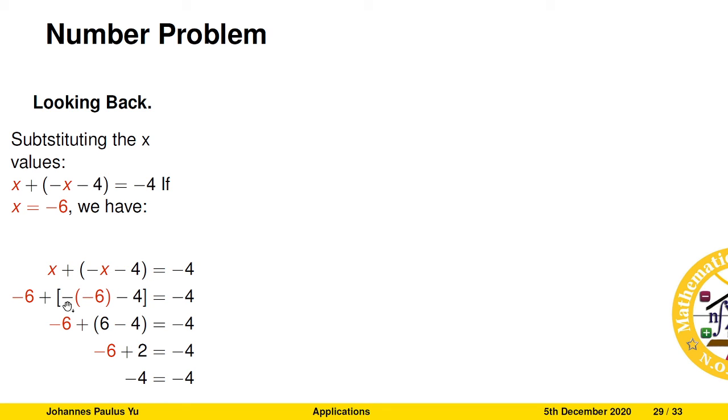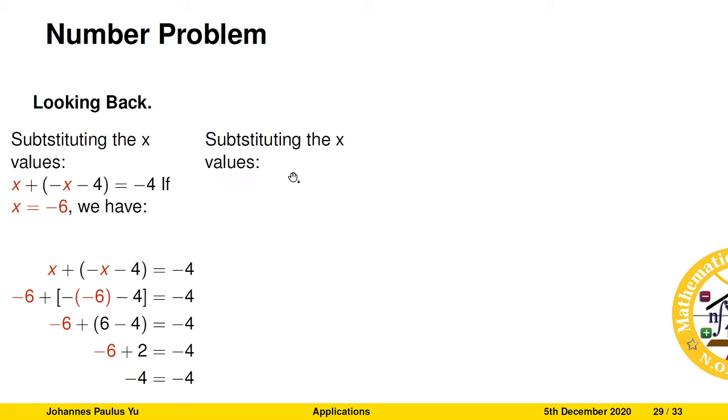Based from this, grouping symbol ato ang pagpunahon pag-solve. Negative, negative becomes positive. 6 minus 4 is 2. Ang tanan ato rang gikopya, including negative 6. So, 6 minus 4 is 2, and negative 6 plus 2 is negative 4. Copy the sign of the bigger value, which is negative. Then subtract the numbers. Bigger value, 6 minus 2 is 4. Therefore, negative 4 is equals to negative 4.